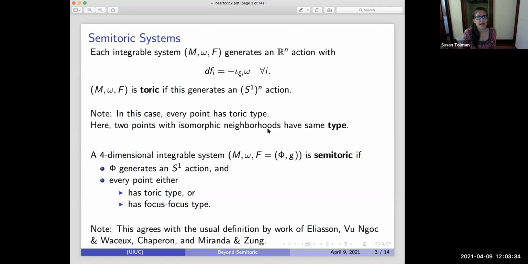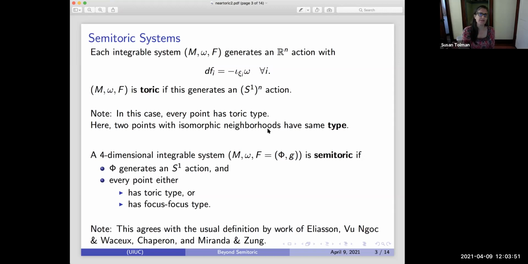So I want to start out by saying, what is a semitoric system? Just to start, what's a toric system? When you have an integrable system, it's going to generate an R^n action and define the vector fields.